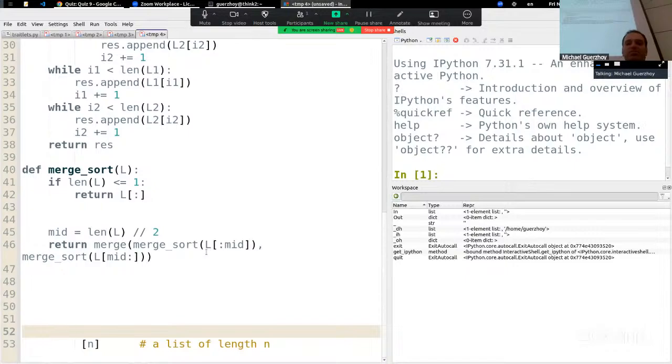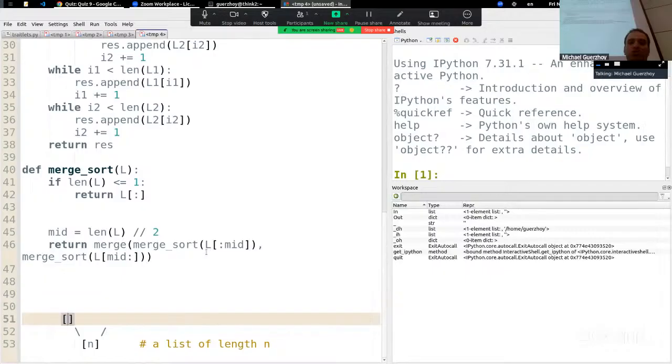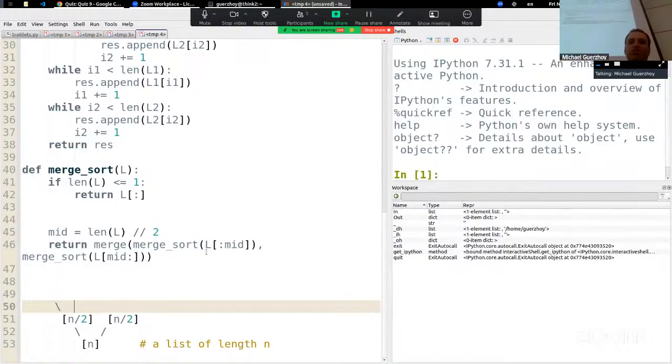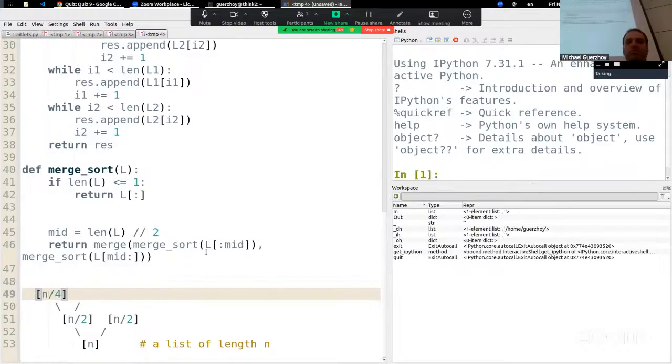And then that produces 2 calls to 2 lists of length n over 2. And then each of those produces 2 calls to lists of length n over 4.